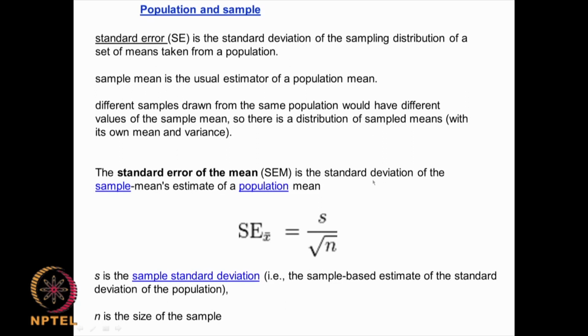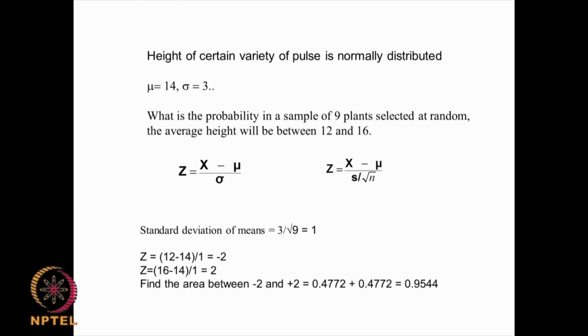Because we have the estimate of the standard deviation from the sample, we do not know the population. So, we use this here, and sigma is given as 3, with 9 plants, square root of 9 is 3, so 3 by 3 which will be 1.